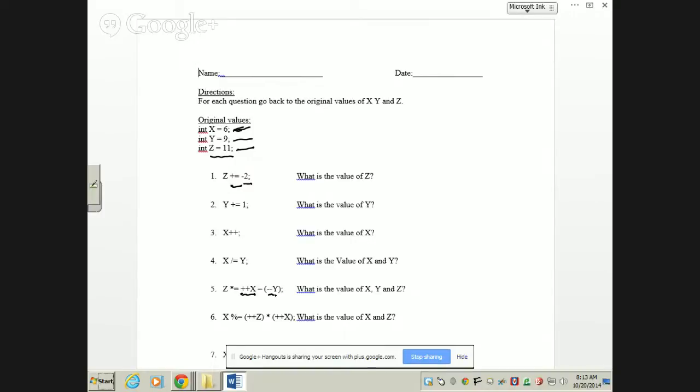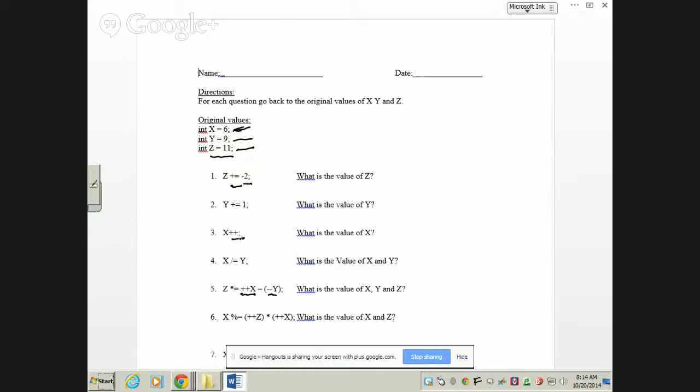Does that matter? Prefix as opposed to postfix, which we saw in number 3. Does it make a difference? It does make a difference because we're in an assignment.